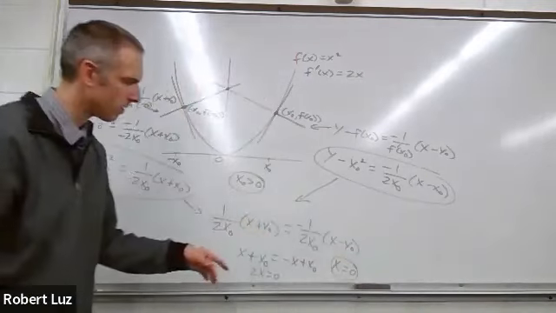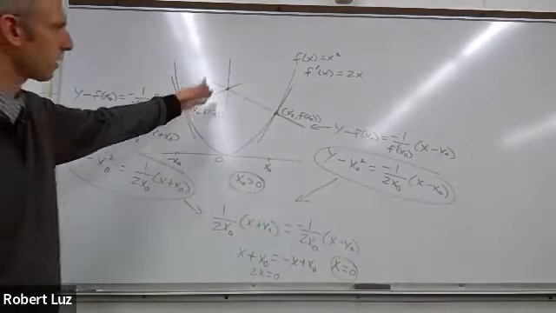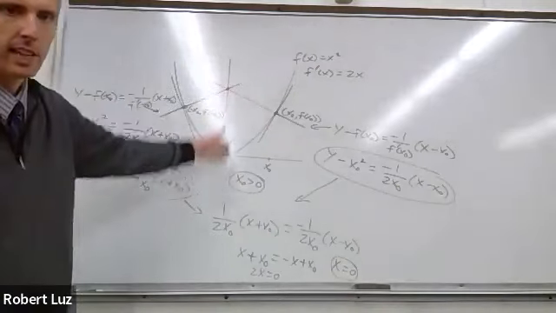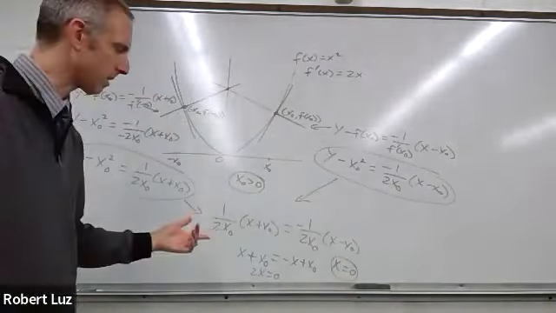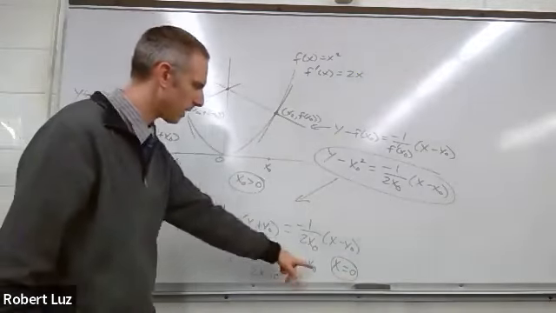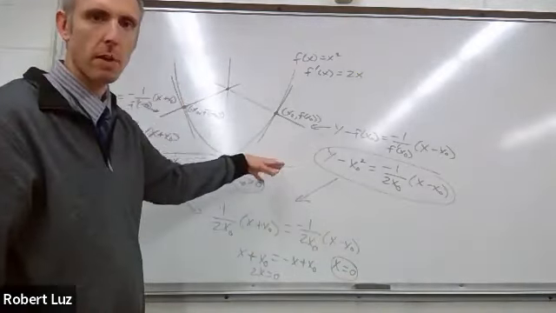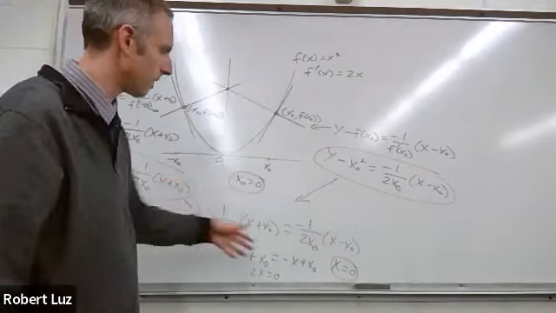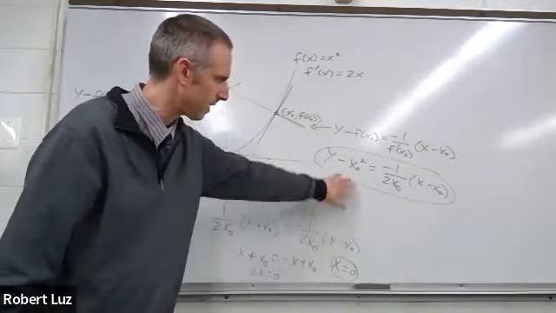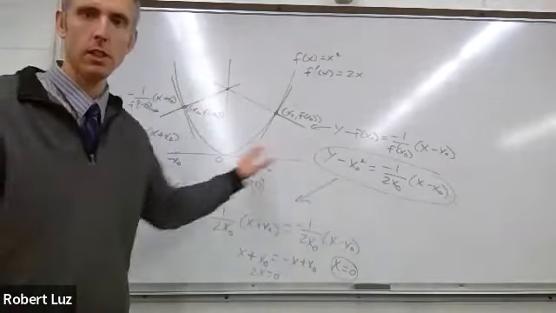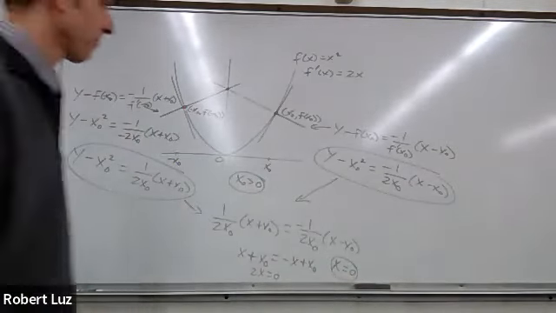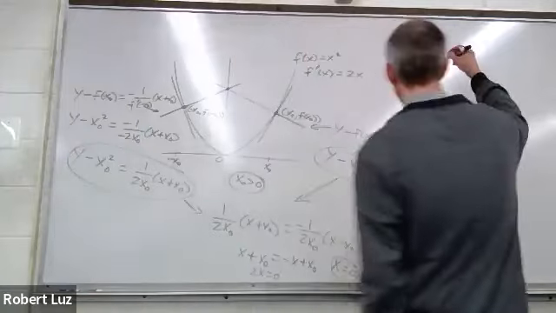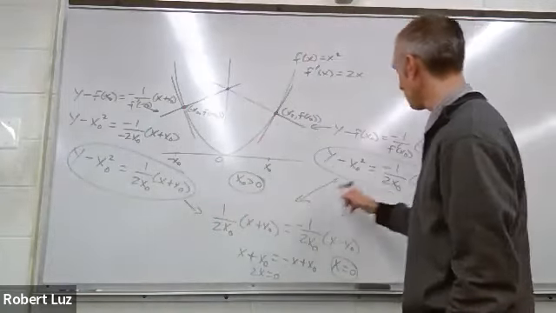So the x coordinate of the point where they intersect must be on this axis. So that's what that proves. But we can actually say a little bit more. We can say what the y coordinate of that point is too. And all you have to do is substitute that value into either one of these equations we came up with for the normal line. Okay. So to get the y coordinate, we just have to plug this back in.